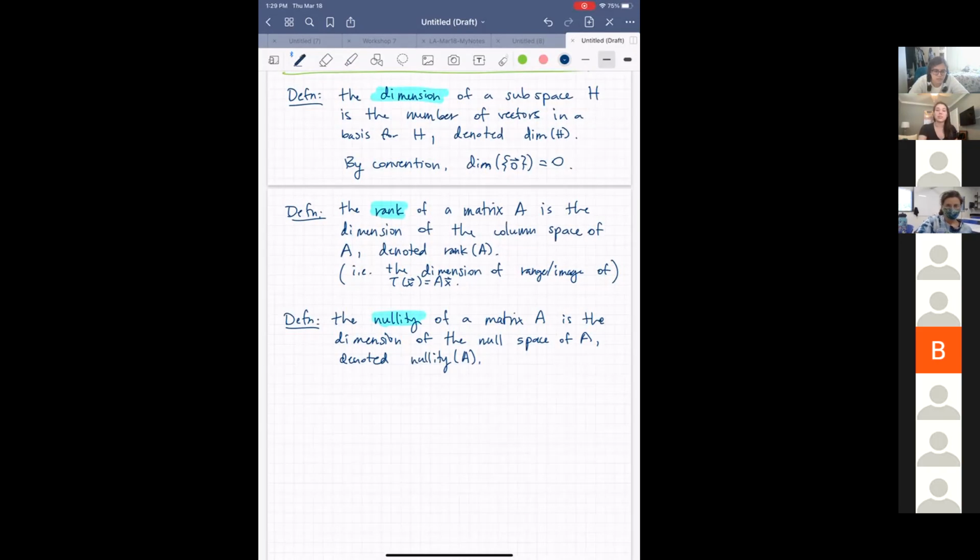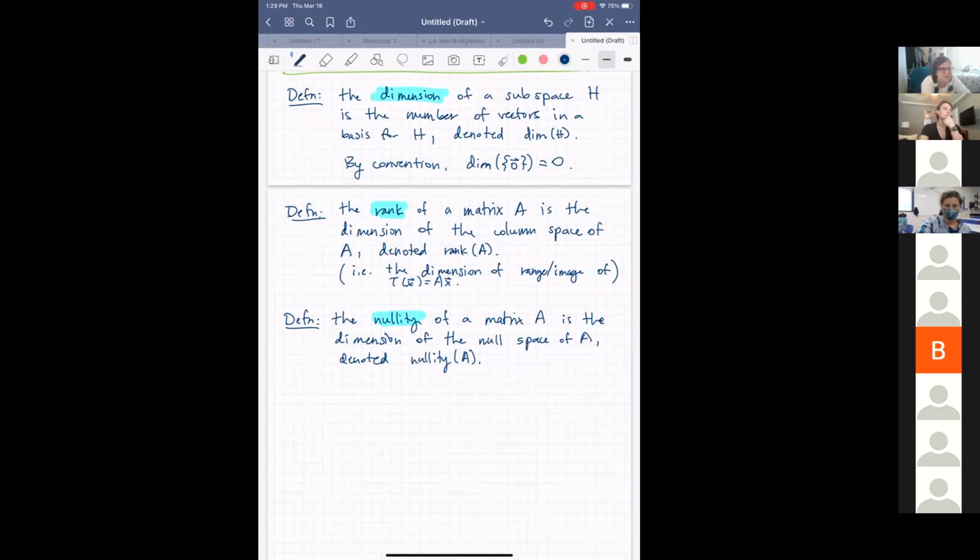Okay, did you have a question, Veronica? Yeah, I'm trying to figure out what's going on with the rank of the matrix A. I get that it's the dimension of the column space of A, but I'm confused about why that makes it the dimension of the range of A of X, or A times X. It is because of this connection between the column space and the range of the linear transformation.